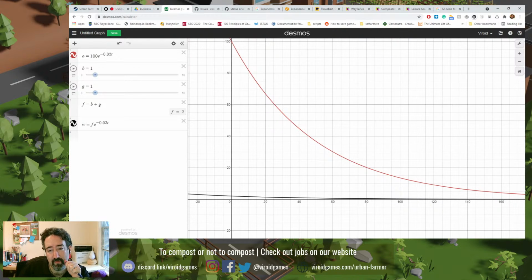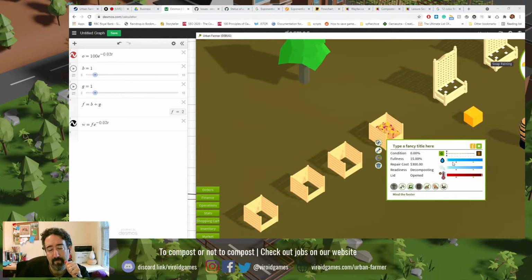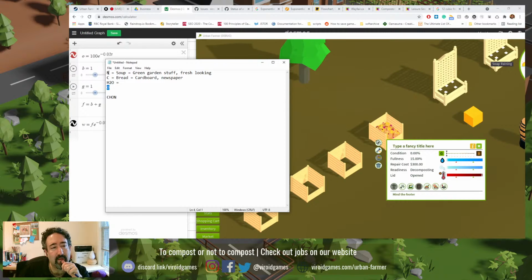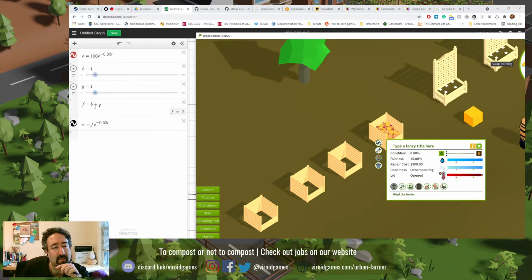Then I moved on to calculating the water content. I was saying earlier, hitting N and C will change the requirement for water. How much water you need depends on how big the pile is. Fullness is going to be defined by how much D and G, brown and green materials, you add.